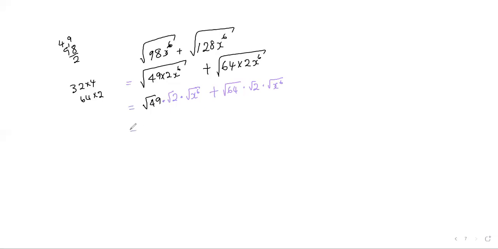The square root of 49 is 7. Root 2 is root 2. The square root of x to the power 6 is x to the power of 3. The square root of 64 is 8. Root 2 x to the power of 3.